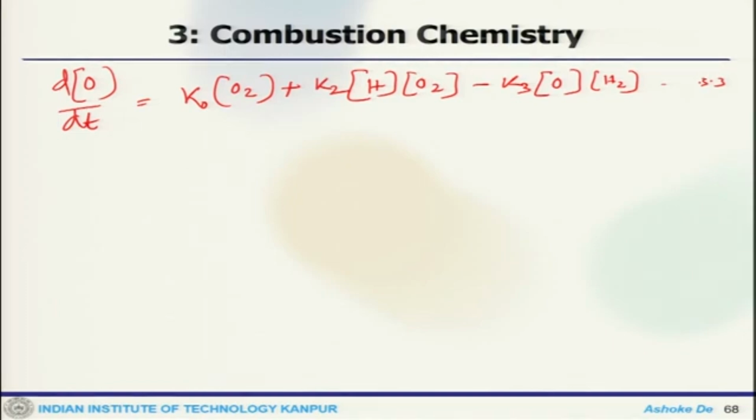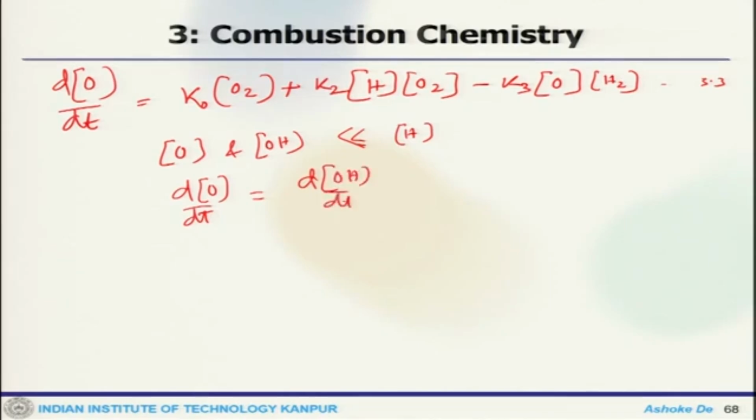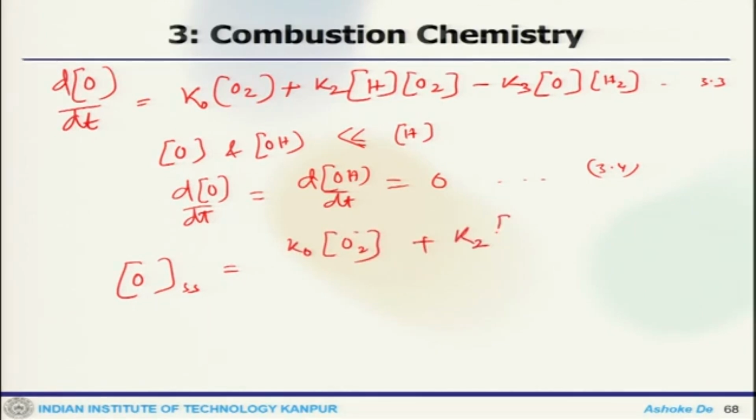Since O and OH are both much lower than H, we can assume that both of these species are at steady state. So, dO by dt and dOH by dt are 0, which yields that O at steady state is (K0 O2 plus K2 H O2) divided by K3 H2.